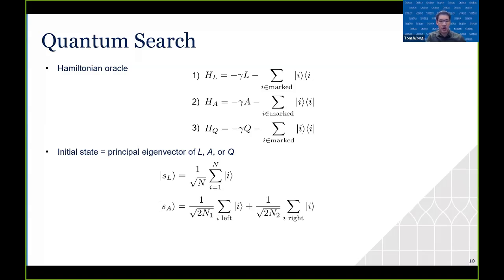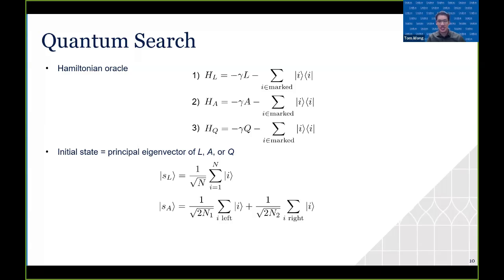For the adjacency quantum walk, it's going to look like this. So the initial amplitude that you have on the left vertices is going to be 1 over the square root of 2n1, where again, n1 is the number of vertices you have in that left set. And then in the right set, the initial amplitude is 1 over the square root of 2n2, where again, n2 is the number of vertices you have in the right set.